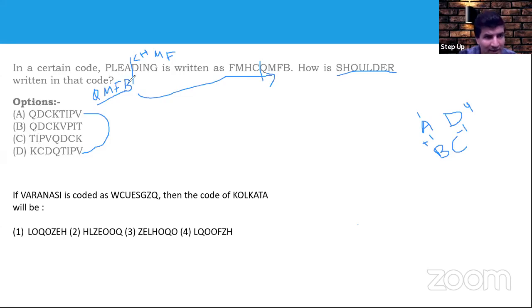How will we check? I will check G. G -1 is what? F, right? So here we said F. And in what way would it be written? Let's check D. D would be C, correct?